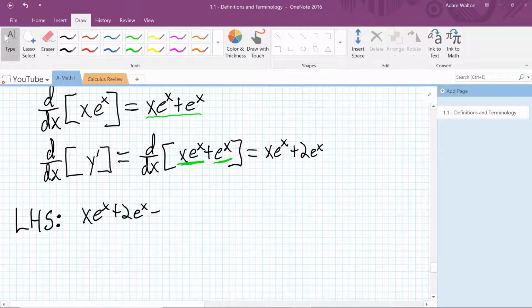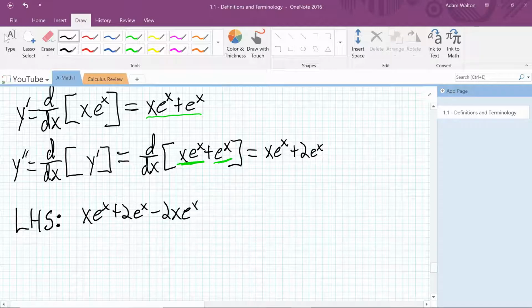Now y prime is just x e to the x plus e to the x, and I'm going to write these in here for clarification. So minus 2 x e to the x minus 2 e to the x, and then plus y, and y is just x e to the x.